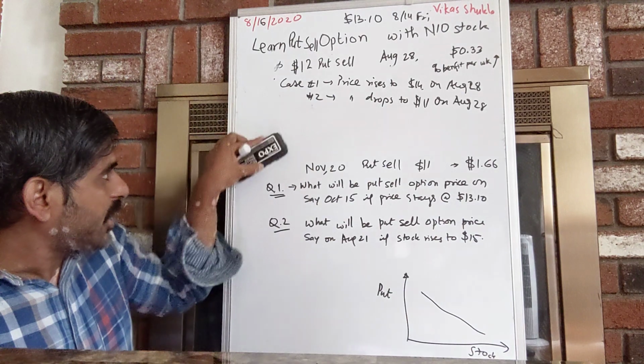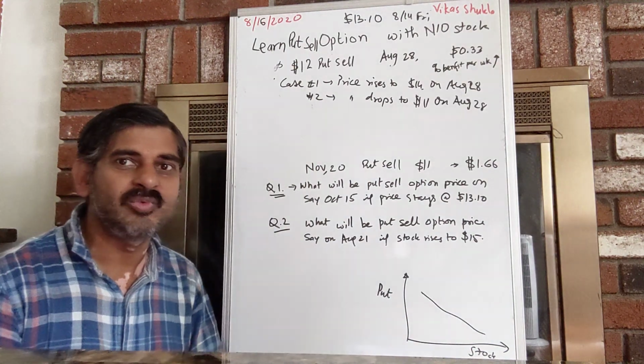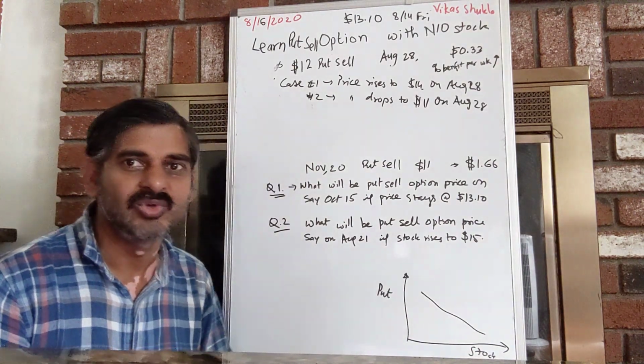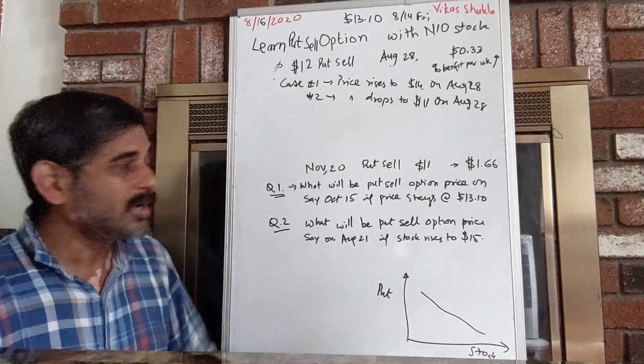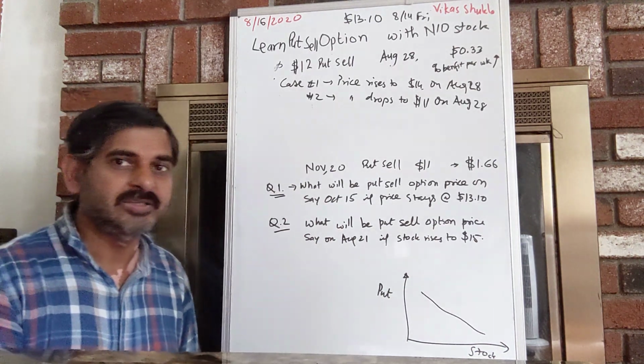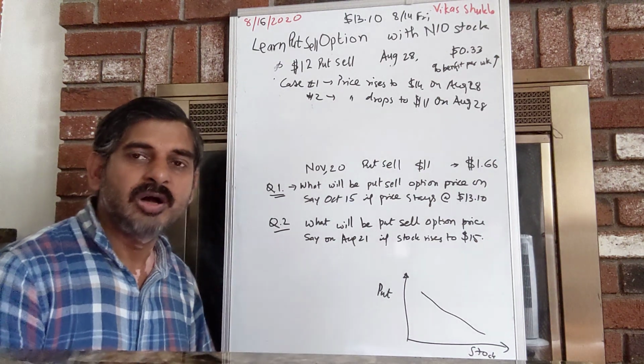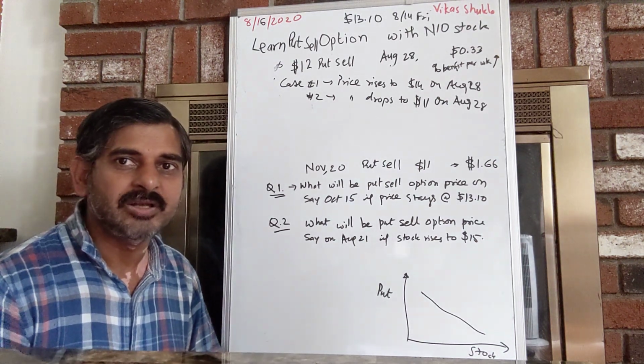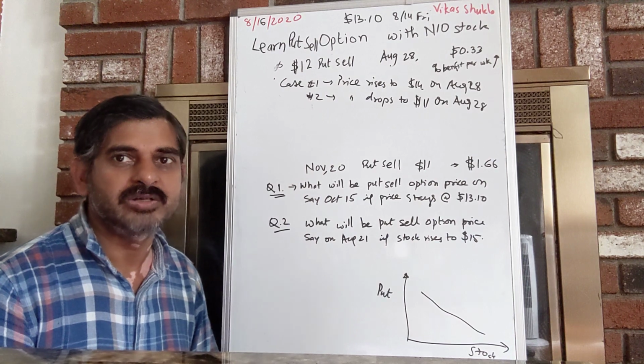So I'll go back and see what my strategy usually is in such cases. What I try to do, and both of them could be good strategies, is I usually do a put sell with the intention to not own the NIO stock.